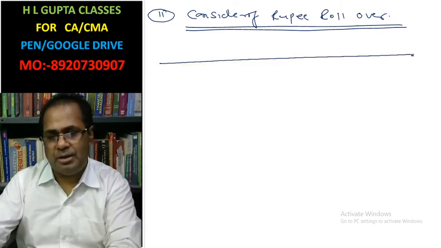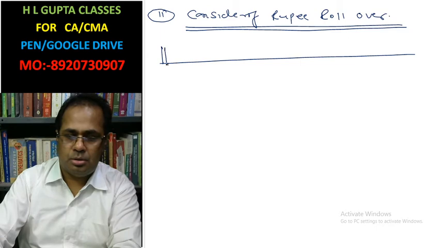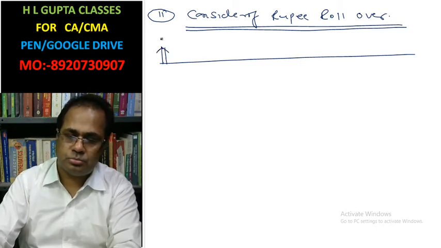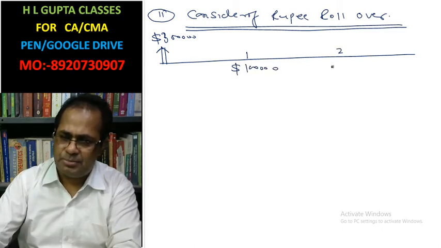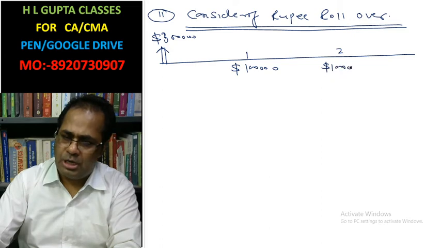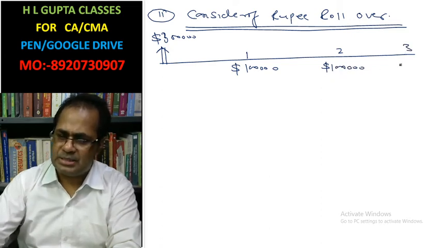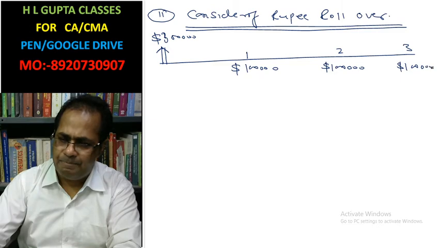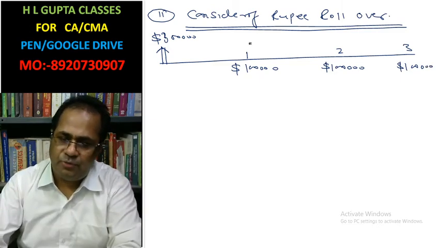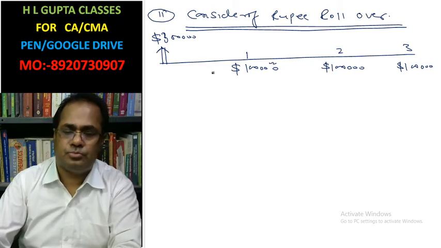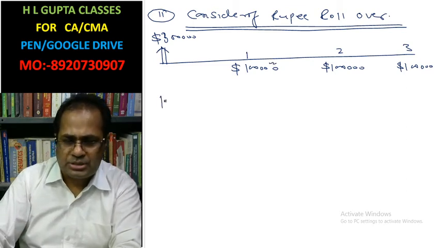You have to pay, in place of dollar 3 lakh, after 6 months dollar 1 lakh, next 6 months dollar 1 lakh, next 6 months dollar 1 lakh. Okay, in this case, at the first 6 months you enter into first payment.